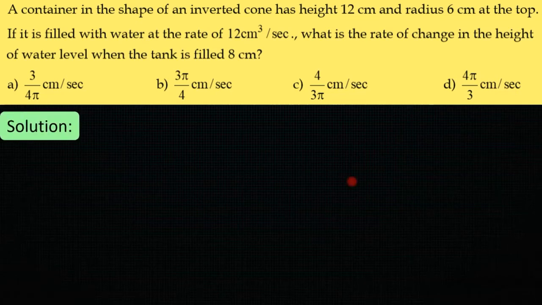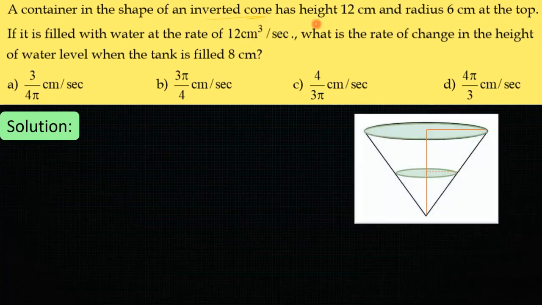Let us find this. Given a container in the shape of an inverted cone has height 12 centimeters and radius 6 centimeters at the top. Here assume this one as O, this one as A, this one as B. Here OA is equal to 12 and AB is equal to 6.